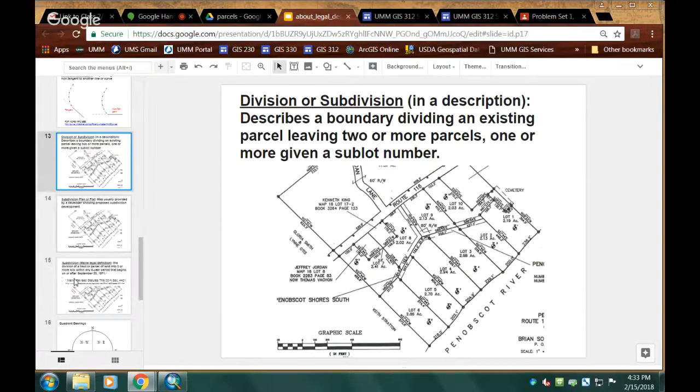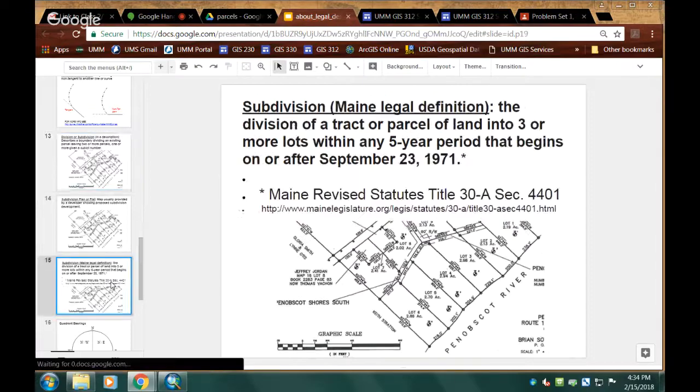All right, and so subdivisions are really important. And most towns actually require a subdivision plan or plat to be submitted to the town for approval. And there's an official definition, here it is.